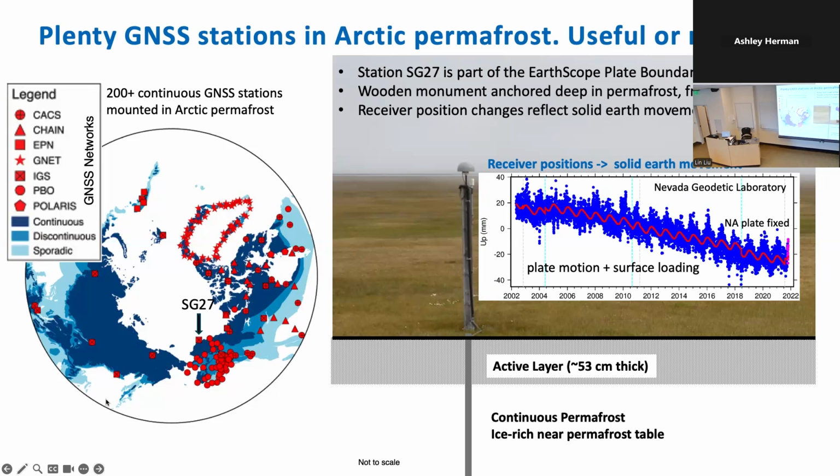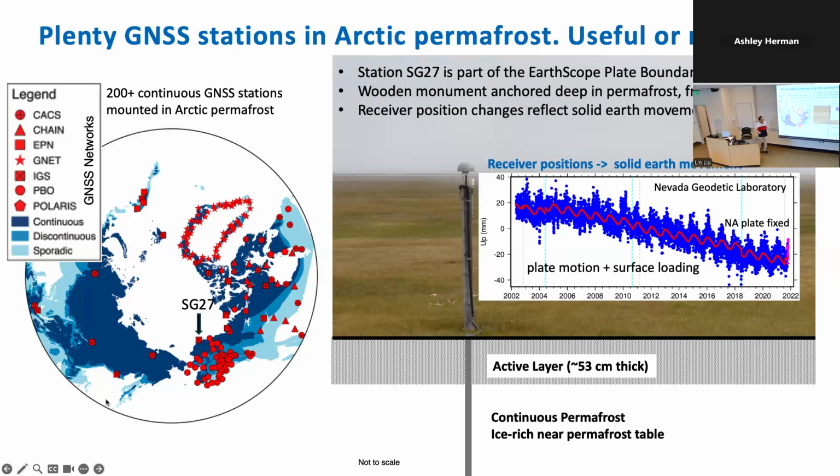This site started operating in 2002, and it shows continuous measurements over time. The blue is the noisy vertical component, but you can fit this line very nicely, showing an annual signature due to surface loading associated with surface water mass, and a secular trend associated with the plate movements.